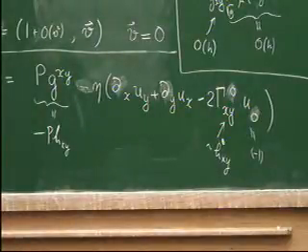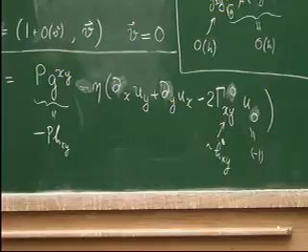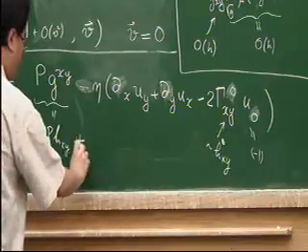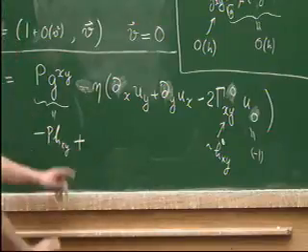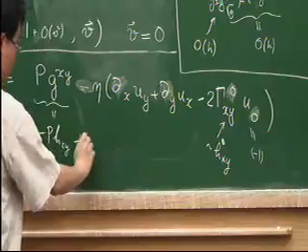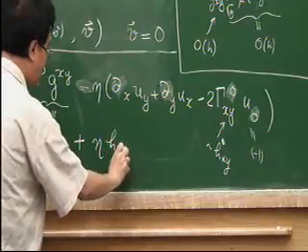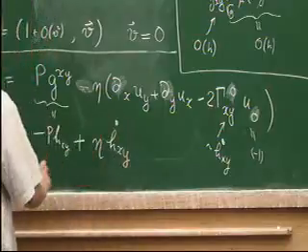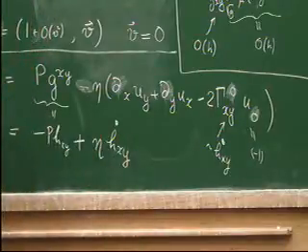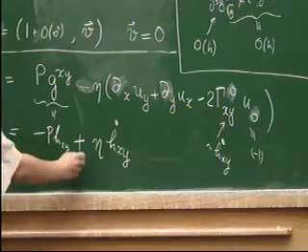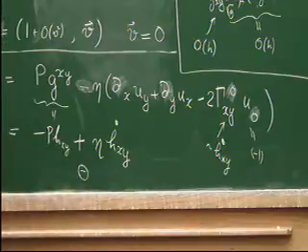So with all that said, and with the sign here that I'm not going to try to make correct, I have eta times h_xy dot. This term might be minus. You could easily figure out the sign here.